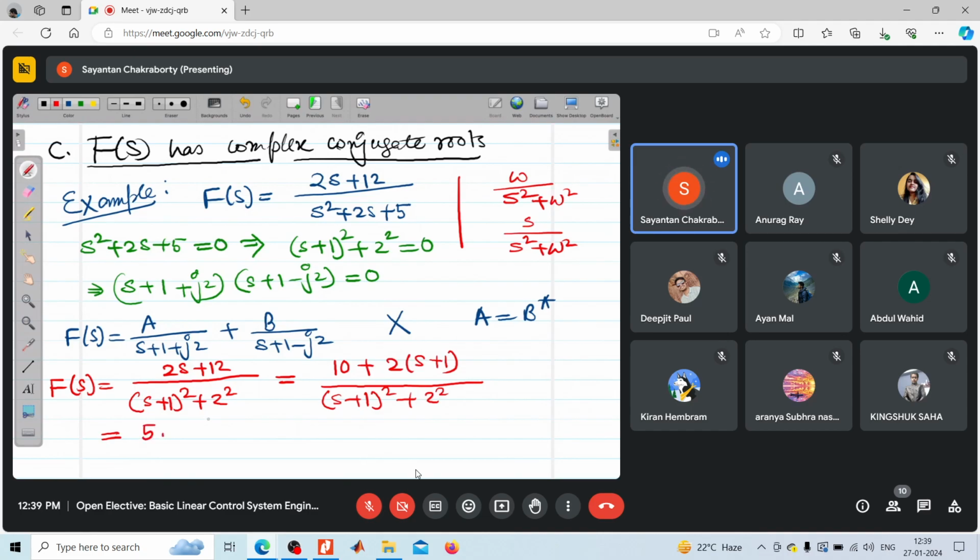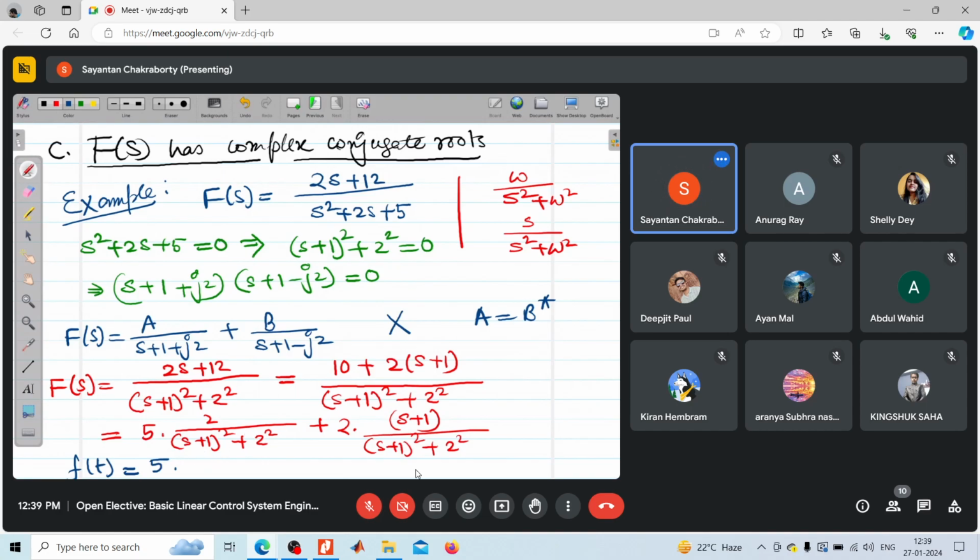Then 5 into 2 divided by plus, right? So now if you take inverse Laplace ft, what you'll get? This is 5 omega by s plus 1 whole square plus omega square.